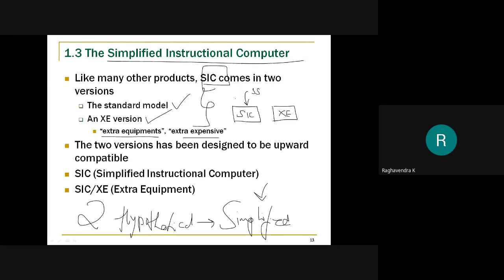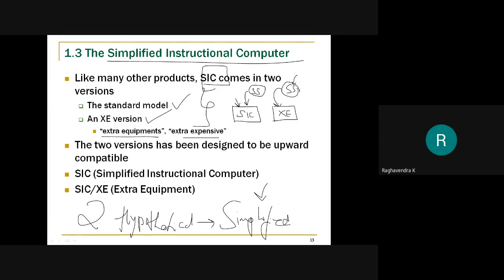Remember that these are simplified versions of existing computer systems. Of course, we will also look into its enhancement, which is the XE model. Then whatever system software we have developed, we will try to revise the same system software and run it on SIC/XE, with extra features, and see what modifications we might make to our system software.